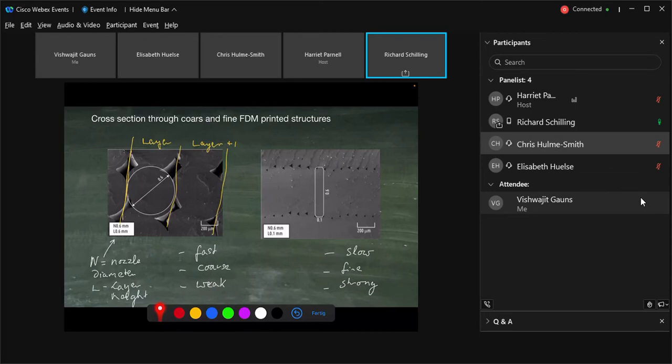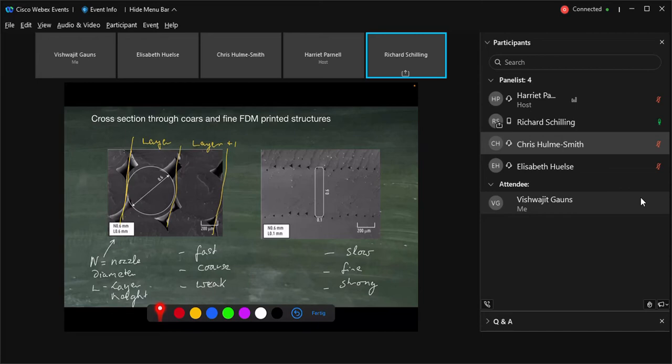And what we found out was that the structure is quite different in its geometrical characteristics if you use a very slow process with very small layers, as you see on the right hand, and very fast and very coarse, as you see on the left hand. It's the same machine, the same material, it's just the print parameters which are different.